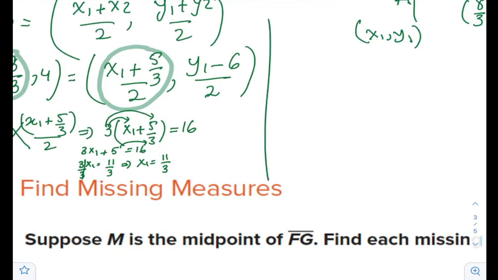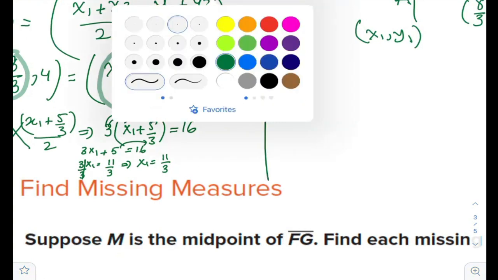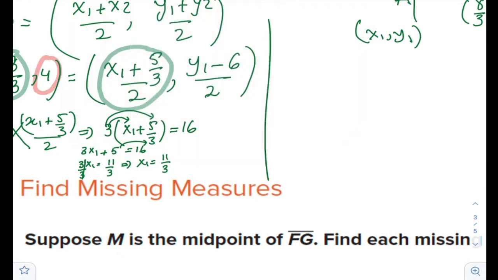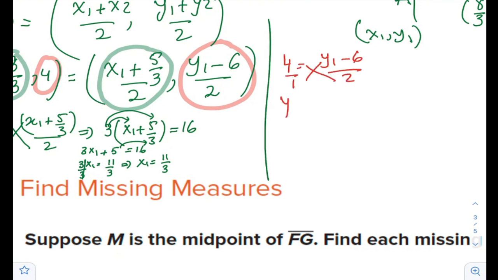And we will repeat the procedure again for the y. Now the y coordinate, which is 4, equals this. So 4 equal to, cross multiply, 4 times 2, 8. So y1 is 8 plus 6, which is 14.